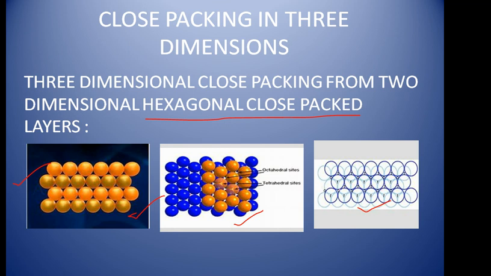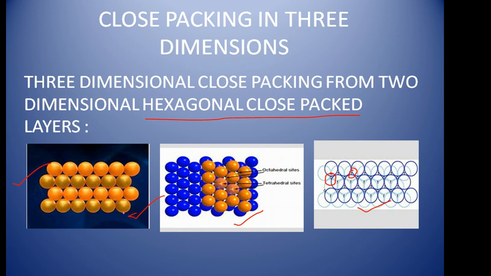Now when you stack the third layer over it, then you have two options. Got it? First layer, second layer, clear. Two types of voids, clear. Now when you are stacking the third layer over it, you have two options. When you place the spheres here, you can cover the octahedral voids or you can cover the tetrahedral voids.